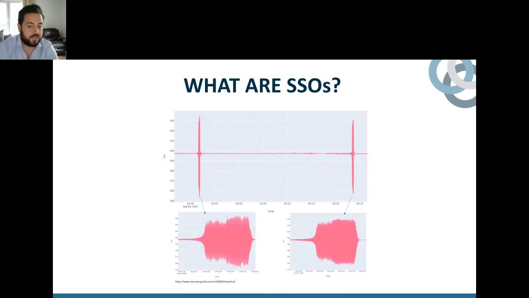So what you see here in this figure is exactly what a subsynchronous oscillation looks like. They are oscillations that occur at frequencies below the nominal system frequency, as I said. But in this snapshot of the SSO, what you see is that initially the voltage is at a specific level, and then very suddenly there's an increase in the voltage level.